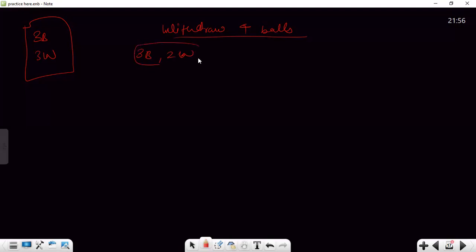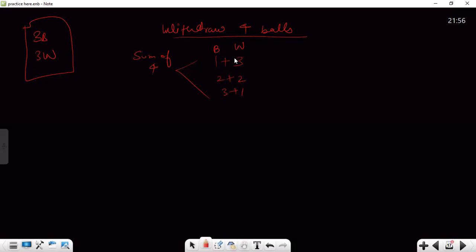Sorry, not three black and two white. What we actually are doing is segregating the sum of four on two places. So it can be 1 plus 3, 2 plus 2, 3 plus 1. So let's call this black and this white.